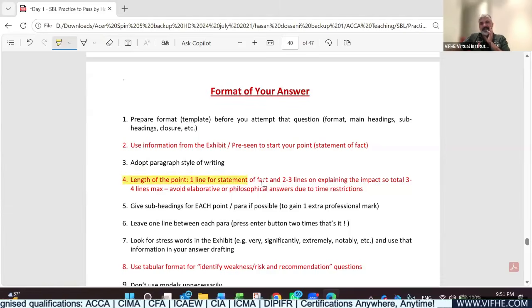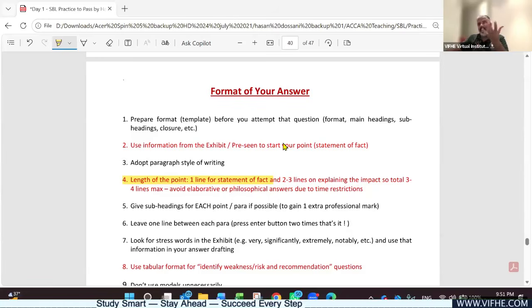One line for statement of fact. You know what is a statement of fact? A statement of fact is a sentence which we copy paste from the exhibit, the opening punchline.